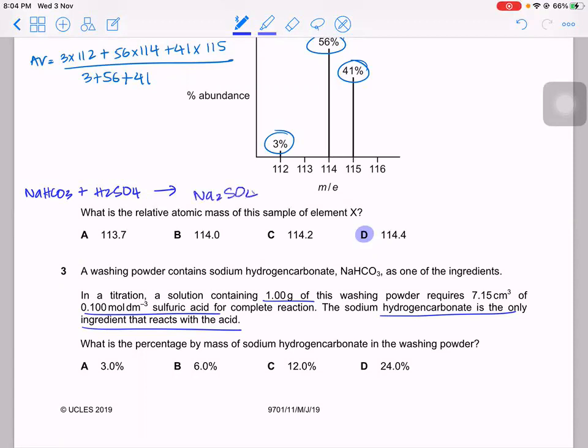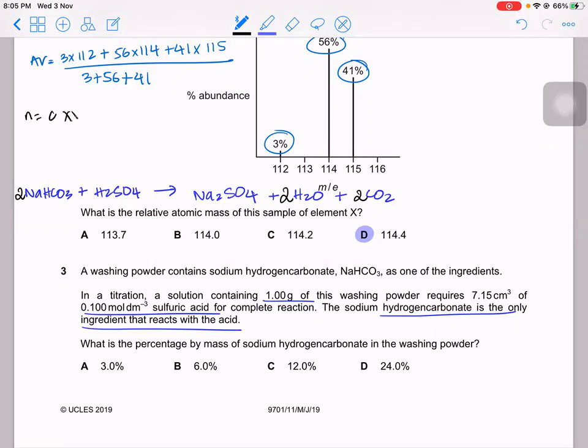This will make sodium sulfate plus water plus carbon dioxide. Let's balance this. You have 2 sodium here, you put a 2 here. Then you have 2 carbon dioxide here, so we put a 2 here. And then we have a total of 2 and 2, 4 hydrogen here, so we put a 2 here, and it is balanced.